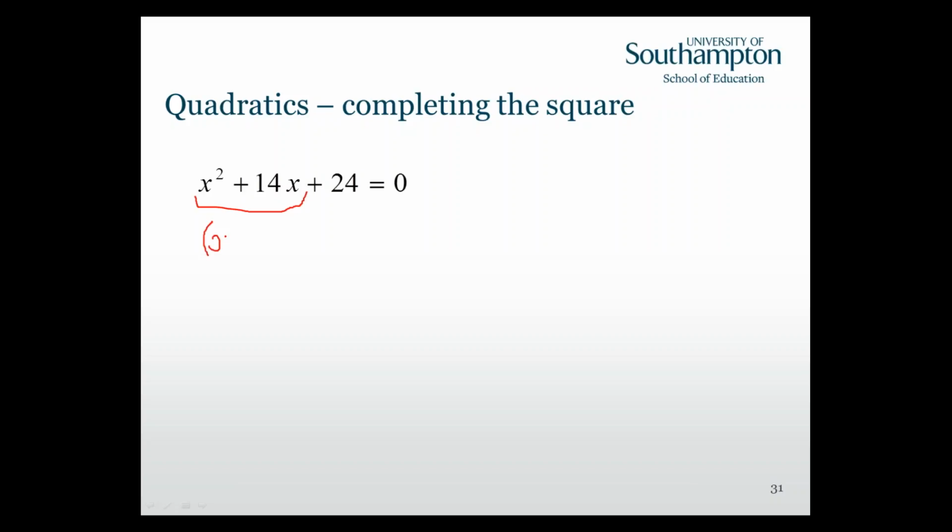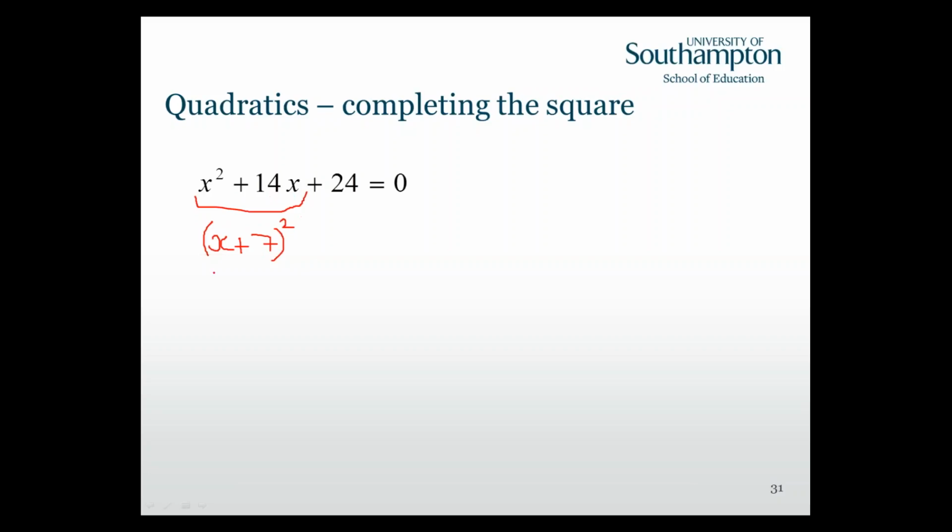and what I do is I imagine that I've got one bracket, and I halve this. Half of that is going to be the value at the end of my bracket, because if I add both bits, the 7x plus the 7x gives me the 14x.